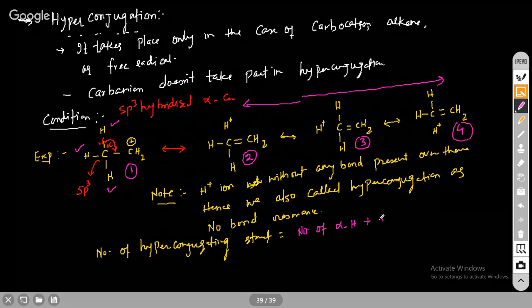Is it clear? Number of hyperconjugating structures is equal to number of alpha hydrogen plus 1, the formula we have.